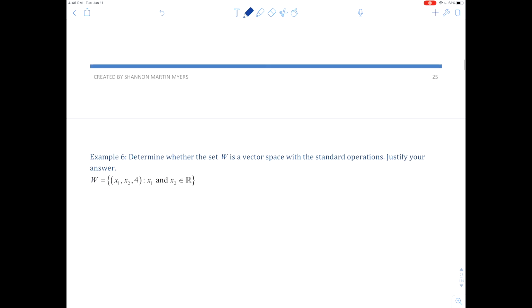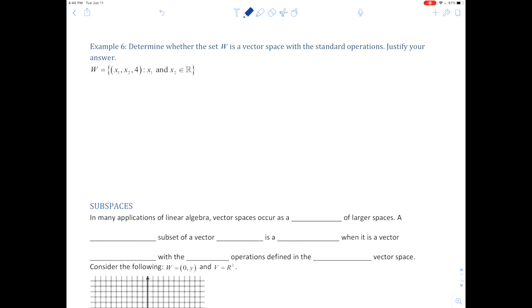So next up, in this example, determine whether the set W is a vector space with the standard operations. Justify your answer. So the standard operations are those 10. And what you want to think about is it going to work, right? The last one was kind of obvious, because I had like 3 pages following the problem.